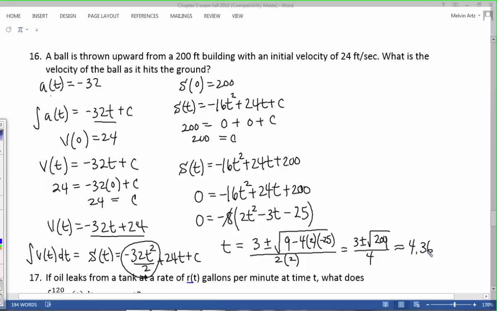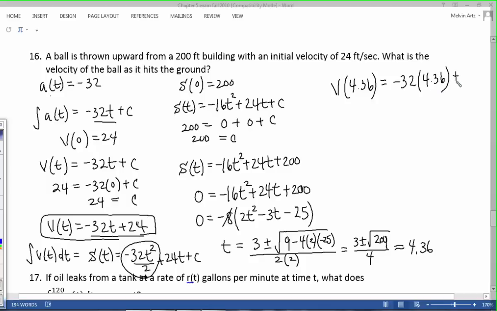Now to find the velocity when the ball hit the ground, we would go back to our velocity function and we would plug in 4.36 for t. That's when we want to know the velocity. So we'd have negative 32 times 4.36 plus 24.